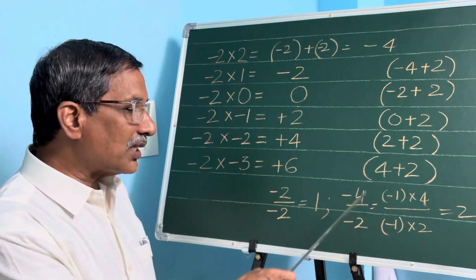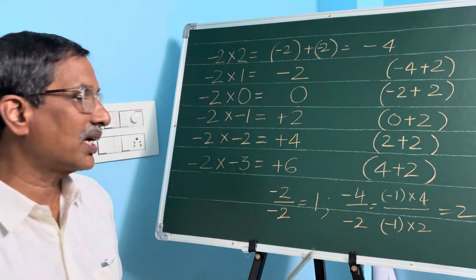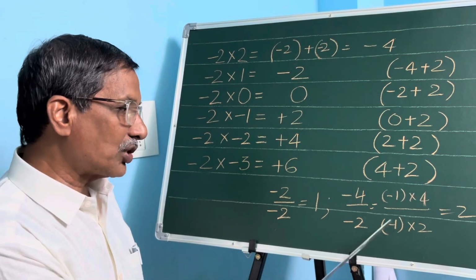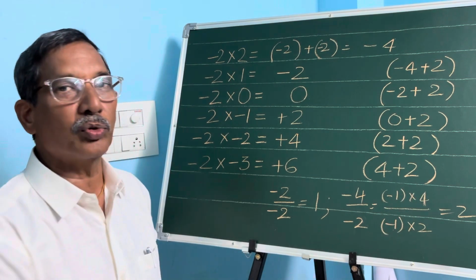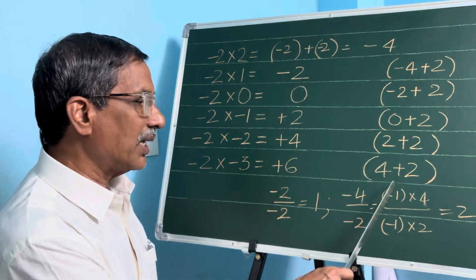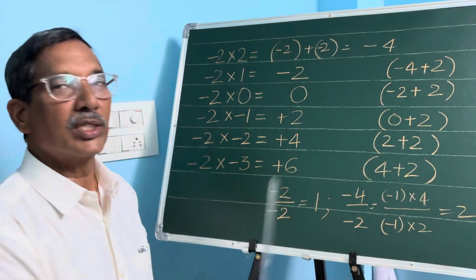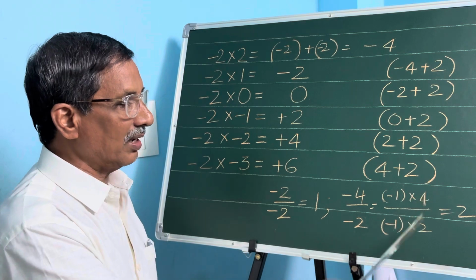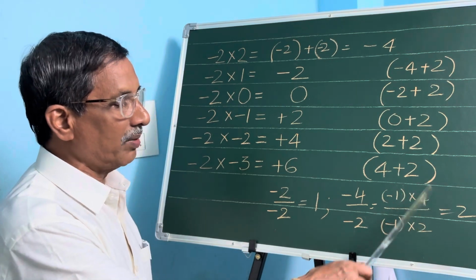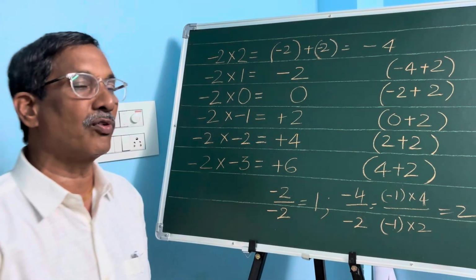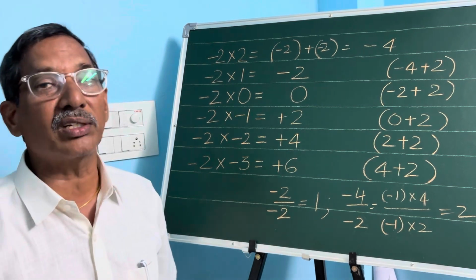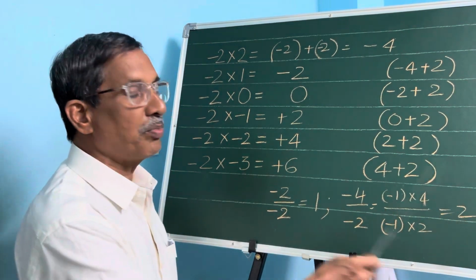But here it is minus 4 by minus 2. We can understand minus 4 as minus 1 into 4 and minus 2 as minus 1 into 2. So minus 1 and minus 1 are two equal numbers, so they can be crossed out. The remaining numbers are 4 by 2, and we know that 4 by 2 is 2. So the quotient of two negative numbers is also a positive number.